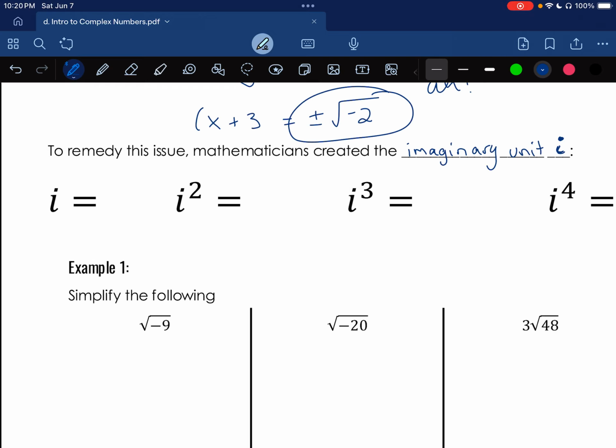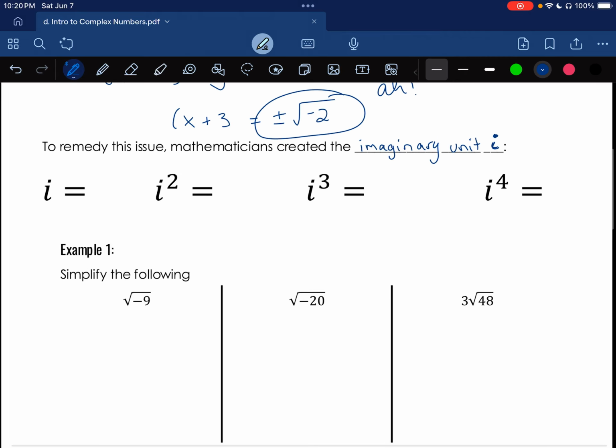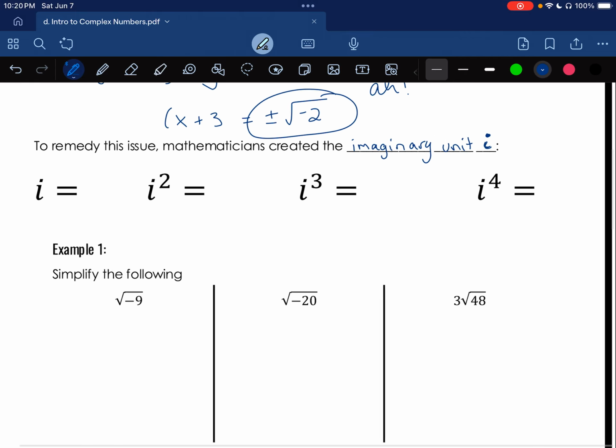What this does is i makes it so that we can simplify these radicals that have negative radicands, and we can expand the number system to be so much more than we thought before. So i is equal to the square root of negative 1.